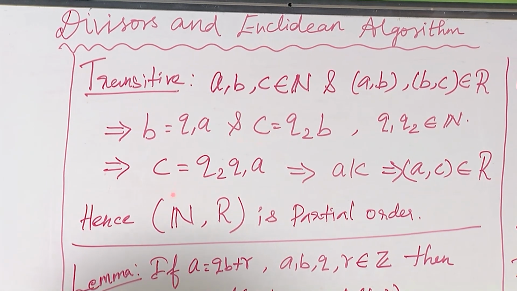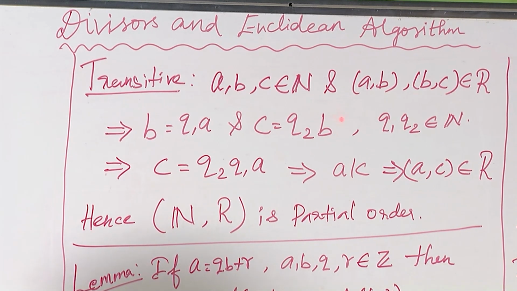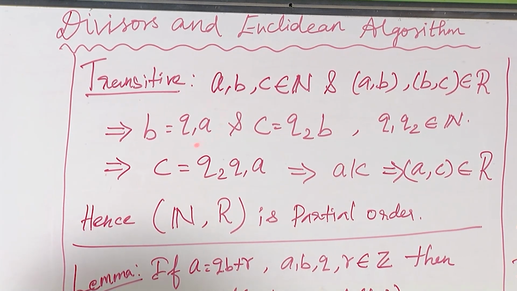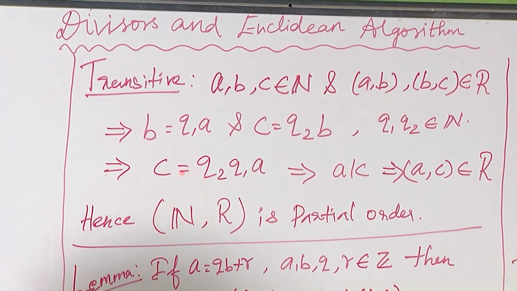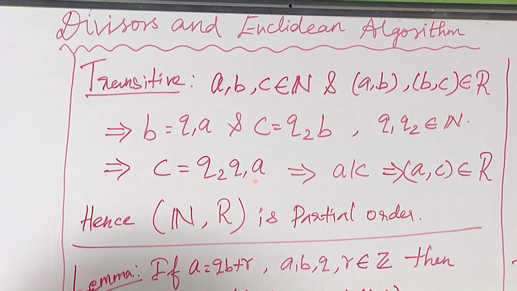Now, consider C. C can be written as Q2B, and in the place of B, I am going to substitute Q1A. That will give me C is equal to Q2 Q1 A. Here you can see Q2 Q1 is again a natural number.